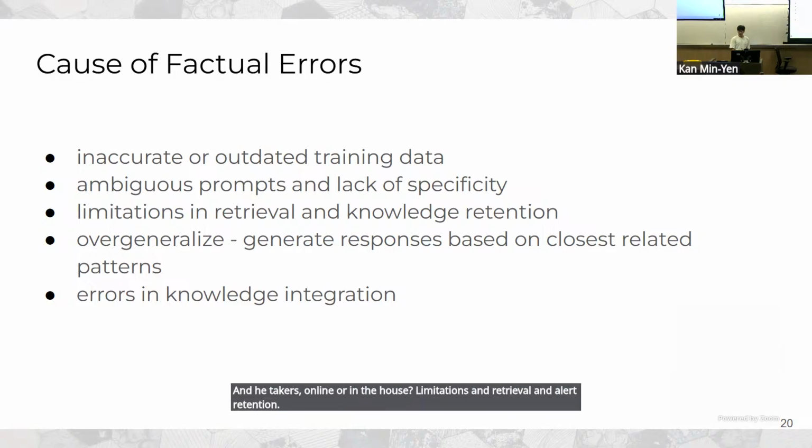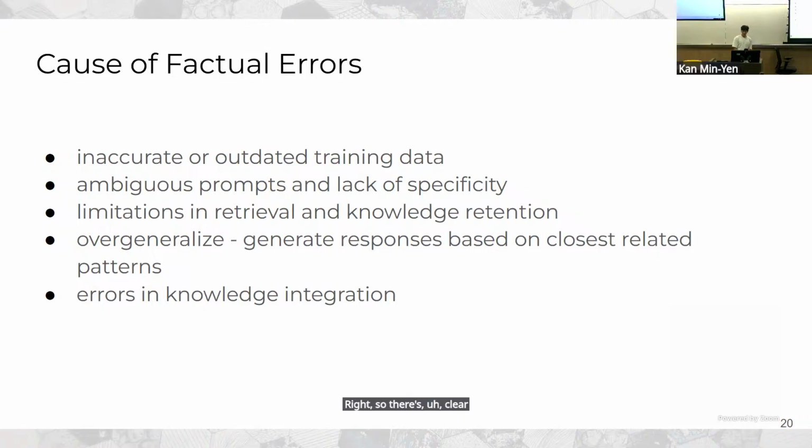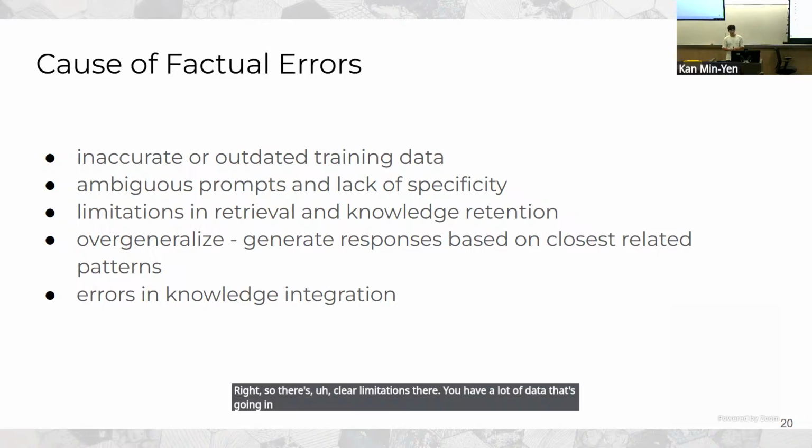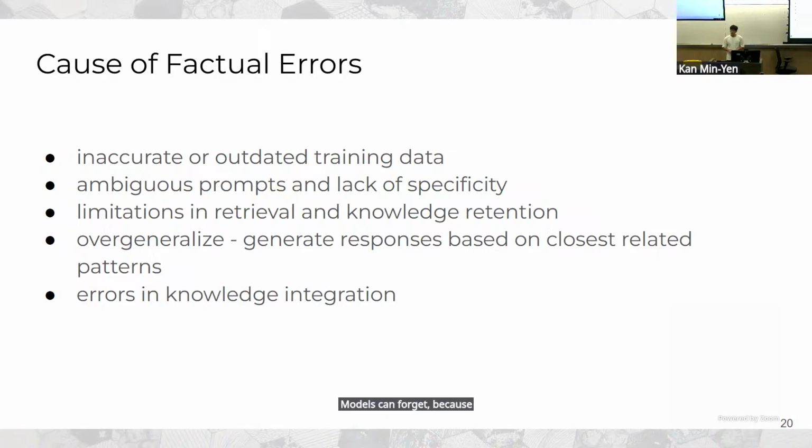Right, so there are clear limitations there, because you have a lot of data going in, and unless it's repeated many times, models can forget because the probabilities associated with that common path might not be well paid. Right? Any other ones that you think long-tailed information relates to?